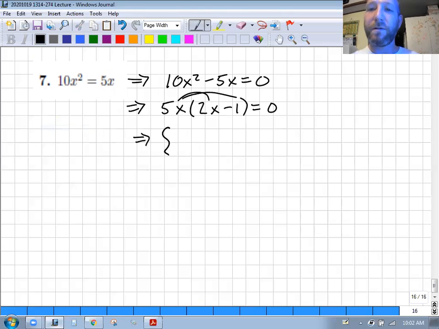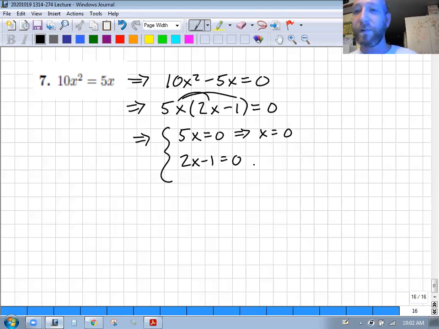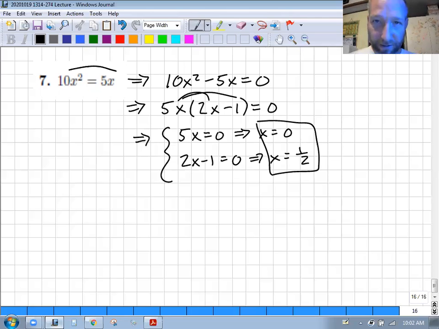So either 5x is 0, or 2x minus 1 is 0. So this one tells us x is 0. This one tells us that x is 1/2. We add 1 to both sides and divide by 2. So these are our 2 solutions to this equation.